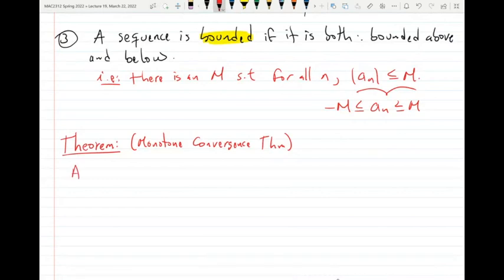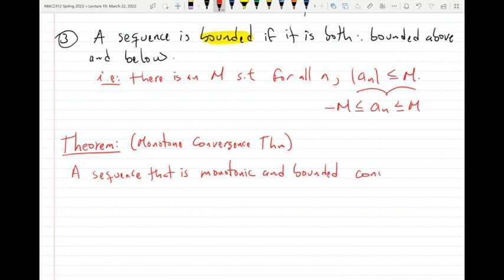Basically, what it says is that a sequence that is monotonic, and remember, monotonic could be increasing or decreasing, one of the two, and bounded converges. If it's increasing, then it converges to the least upper bound. If it's decreasing, it will converge to the greatest lower bound.